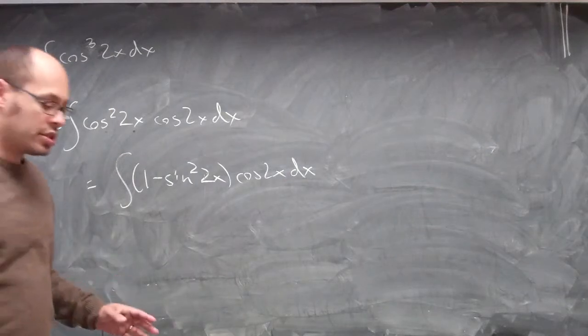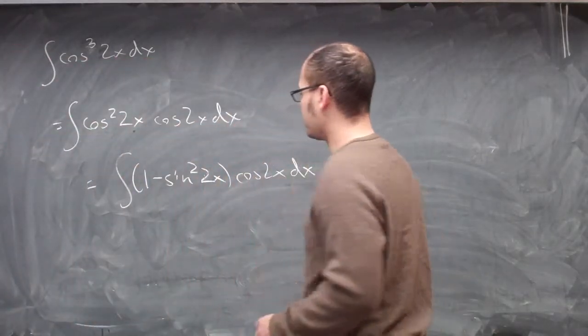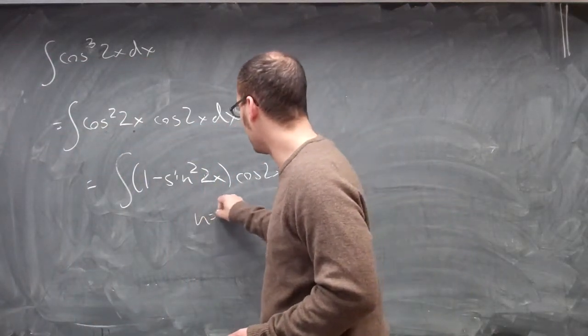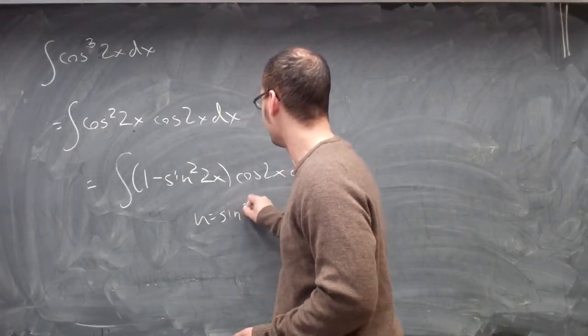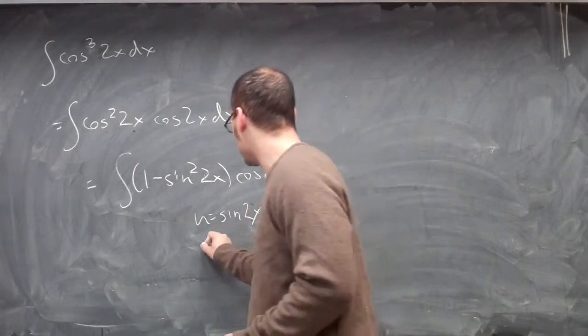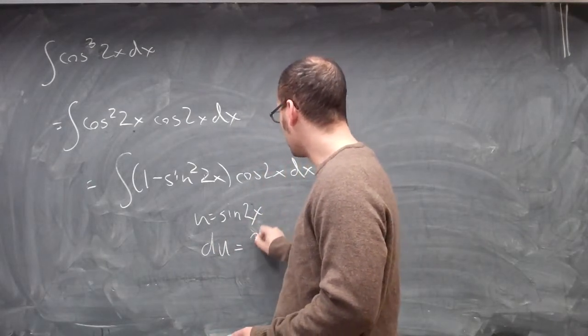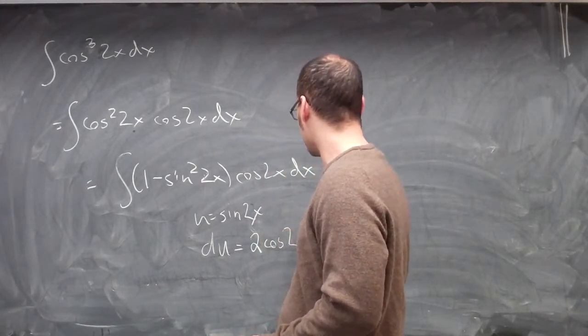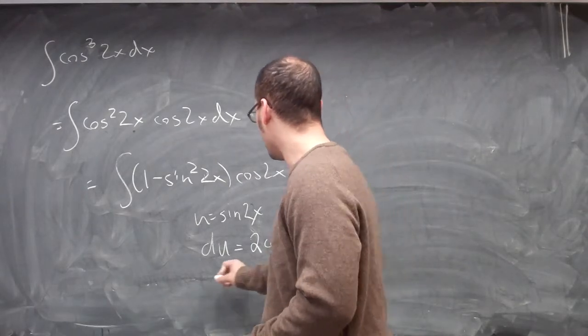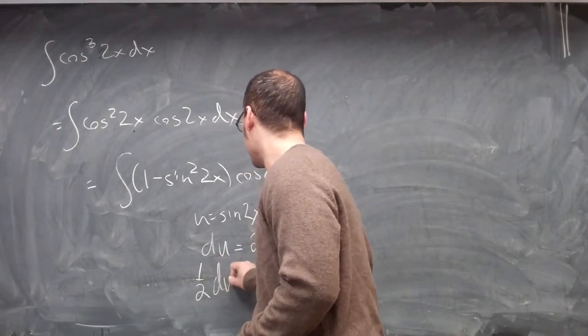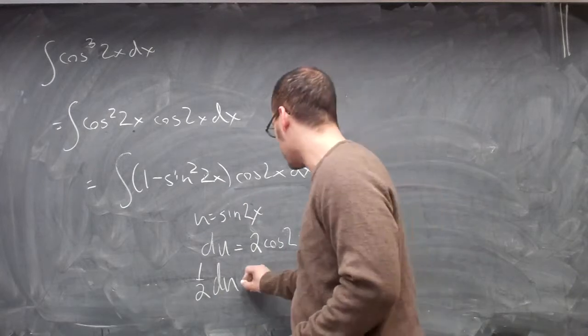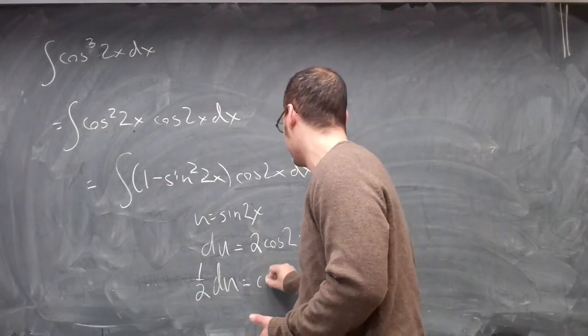Alright, so now we're just really set for a U-Substitution. I'm going to make u to be the sine of 2x, because du is going to be pretty close to that cosine of 2x dx. It's actually going to be twice the cosine of 2x dx.